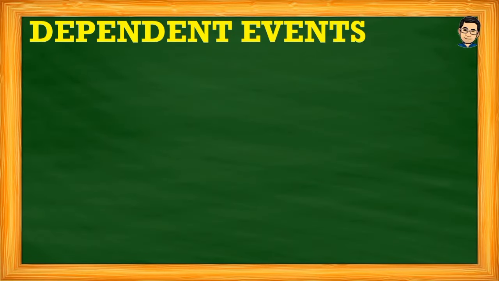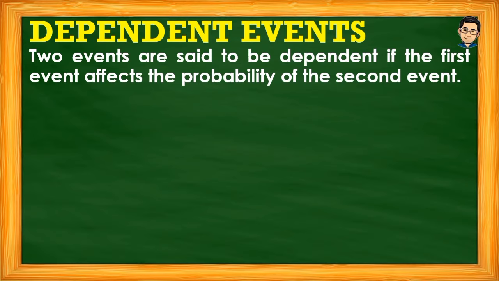Now, ang independent events, mas madali siya as compared to dependent events. So, kung anong dependent events, ito siya. So, two events are said to be dependent if the first event affects the probability of the second event.